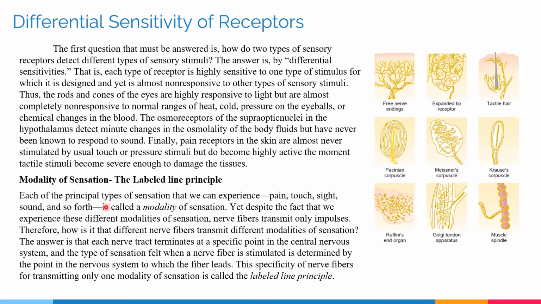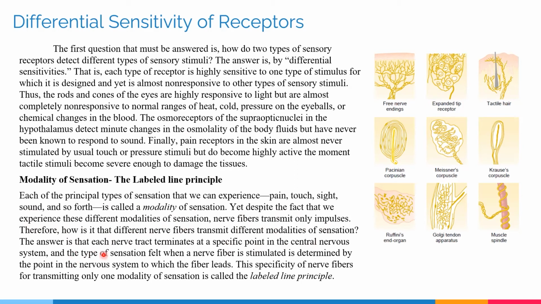Each of the principal types of sensation that we experience, pain, touch, sight, sound, and so forth, is called a modality of sensation. Yet, despite the fact that we experience these different modalities of sensation, nerve fibers transmit only impulses. Therefore, the question is, how do different nerve fibers transmit different modalities of sensation?